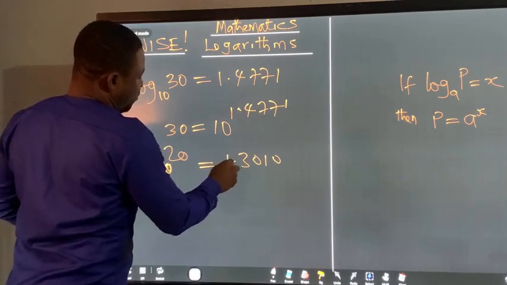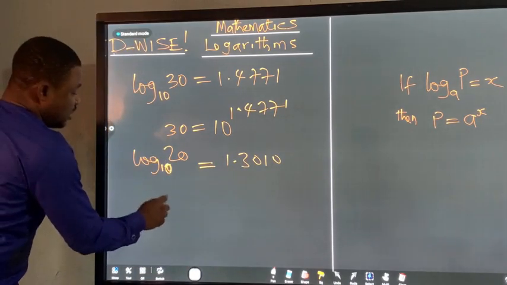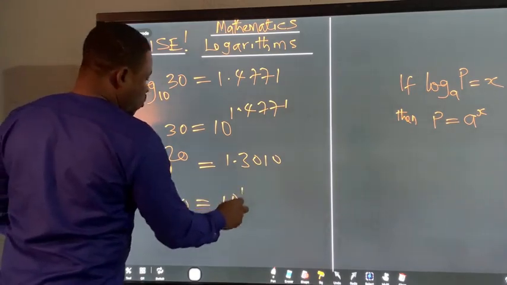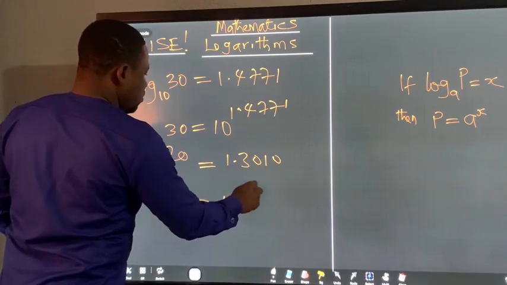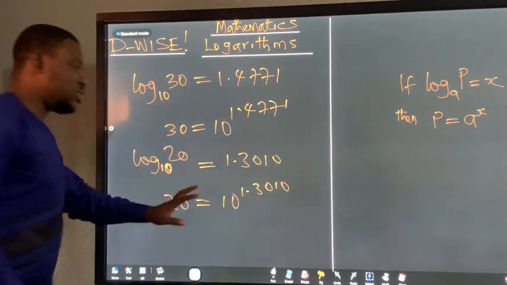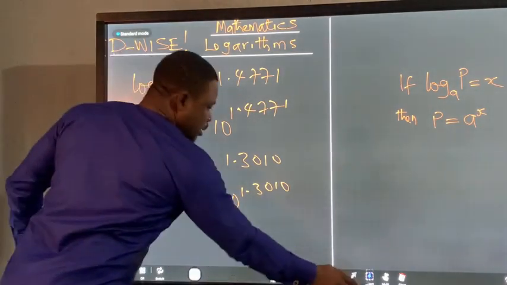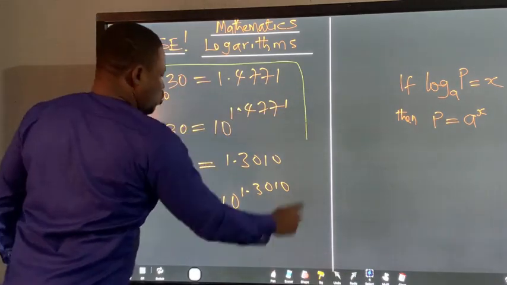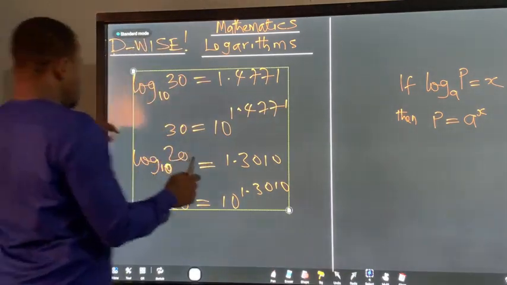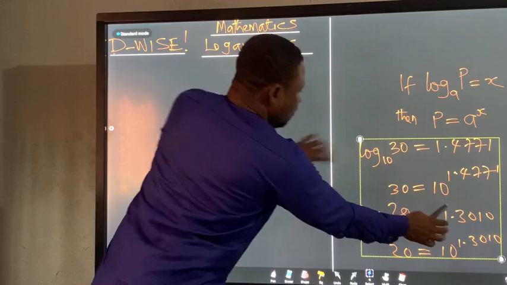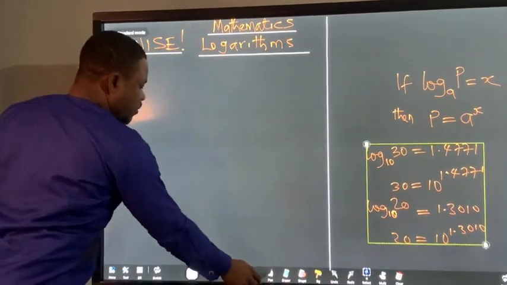And this means that 20 will be equal to 10 raised to the power of 1.3010. That's what this simply means. I'm trying to be slow so that you can get this basics before I start explaining the theorems. I'll explain the theorems afterwards.